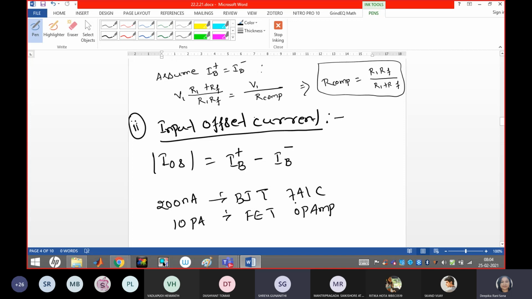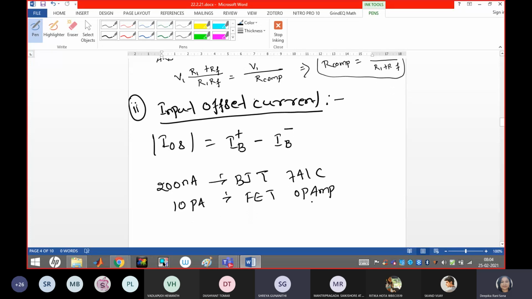What do BJT and FET mean? Which configuration the IC is following, whether it is made by bipolar junction transistor or field effect transistor. As per that, this IOS is varying. So we have to take the absolute value only.